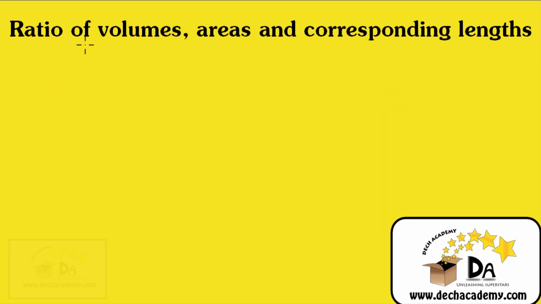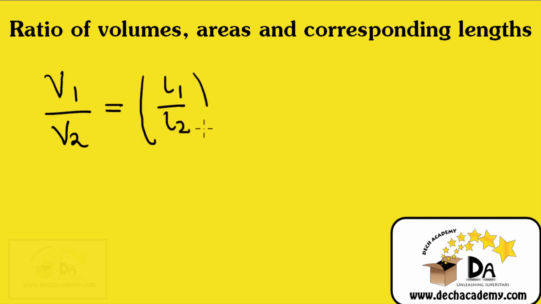Also, if you have two solid shapes, you can deduce the ratio of their volumes. The volume of shape 1 divided by the volume of shape 2 will be equal to the length of shape 1 divided by the length of shape 2, cubed. So say we have two cuboids.